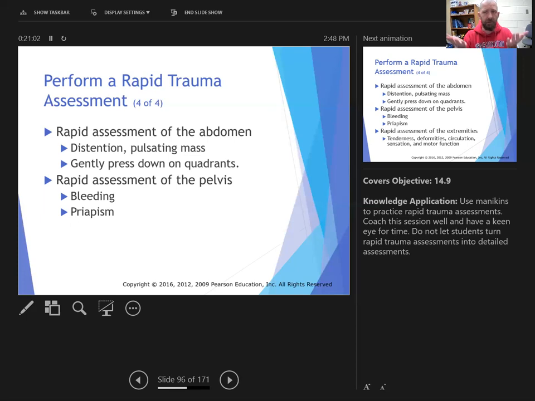And what we're doing is we're going to be grabbing the patient by the hips, basically. And we're going to kind of squeeze up and in, right? Like we're closing a really big book. We're just going to go up and in like that, okay? Real simple. And we just do it once.